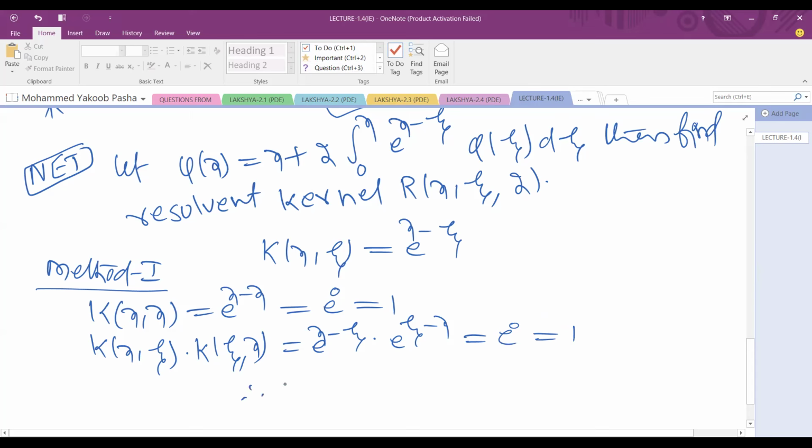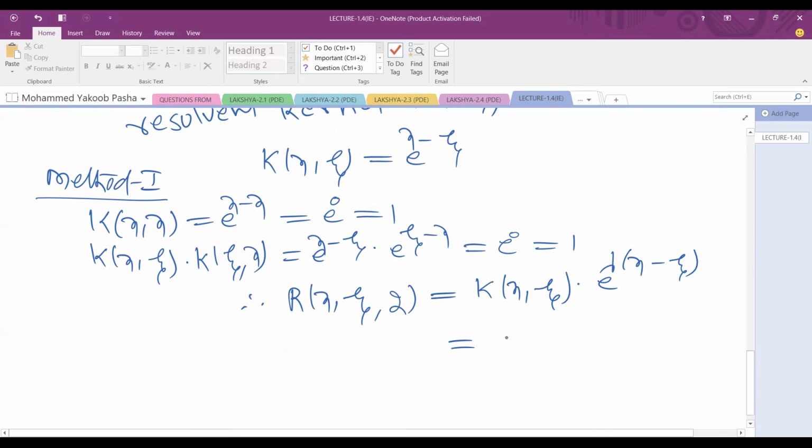So we can easily write the resultant kernel r of x comma z comma lambda, where lambda is equal to 2. What is the formula? k of x comma z into e to the power of lambda into x minus z. So k of x comma z is e to the power of x minus z, times e to the power of 2 into x minus z. So it becomes e to the power of 3 into x minus z.